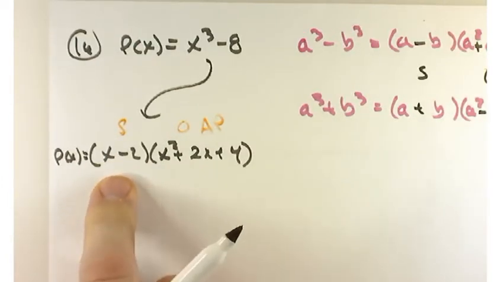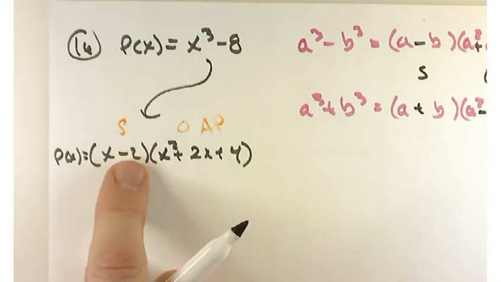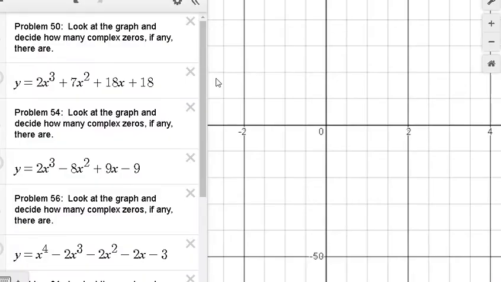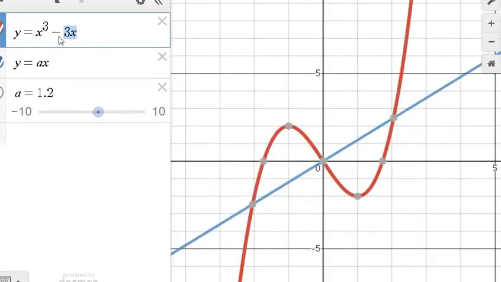Can you see one place where this graph's going to cross the x-axis? 2, right? I mean, that one you just read off. But let's see if there's any other places where it crosses the x-axis, at least that I can see. Let's just go up here. x cubed minus 8.